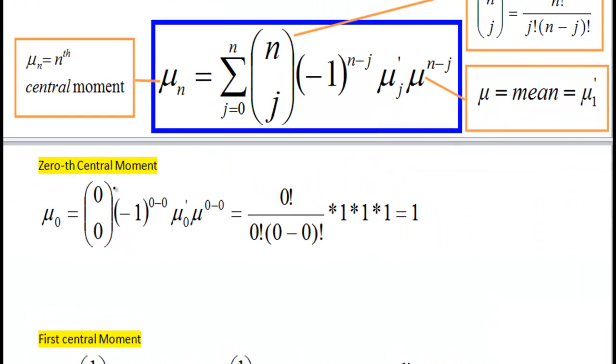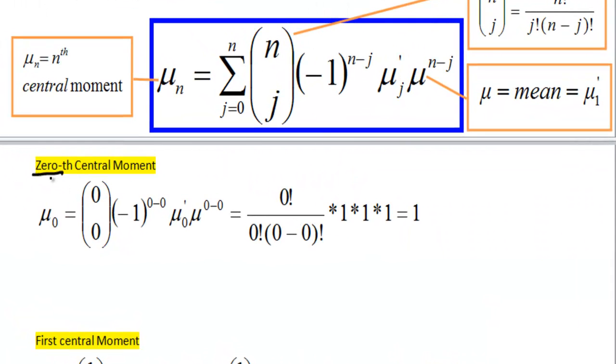Okay, so let's do a few examples. We are asked here to calculate the zeroth central moment. So we know that n equals 0 and j will be 0 as well, because how many integers are there from 0 to n? Well, if n is 0 and j starts with 0, then there's going to be just one term.